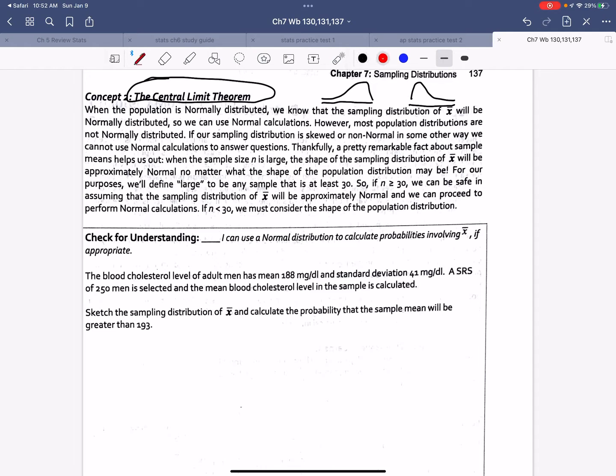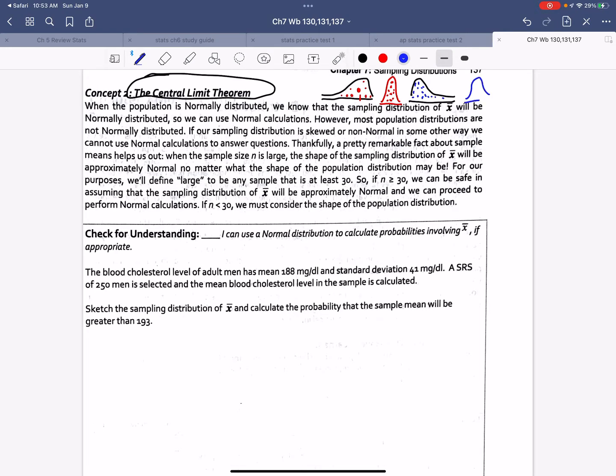Well, the answer is, if we ask a quantitative question and take many, many samples from a skewed distribution, continuing to take an average, then once we take 30 or about 30 in my sample from this red distribution, the sample will actually end up being normal, as long as my sample size is 30 or greater.